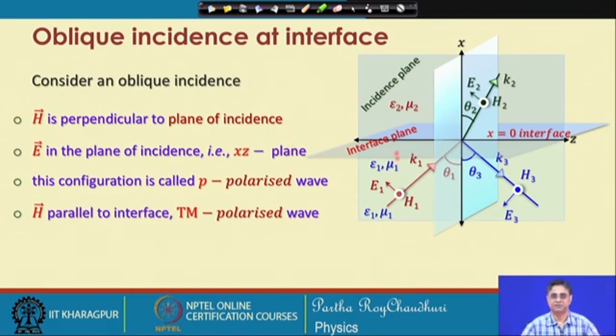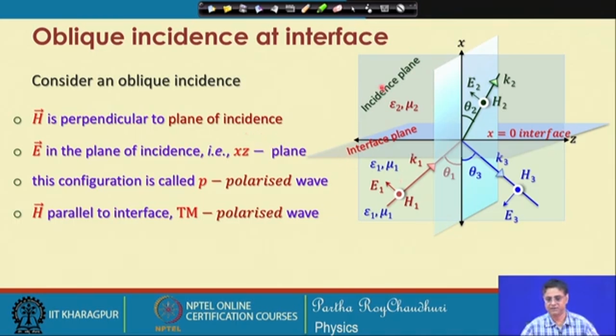Look at this figure. You have a wave which is incident at the interface and it gets reflected, part of the wave is transmitted. Let us consider that the magnetic fields are perpendicular to the plane of incidence.